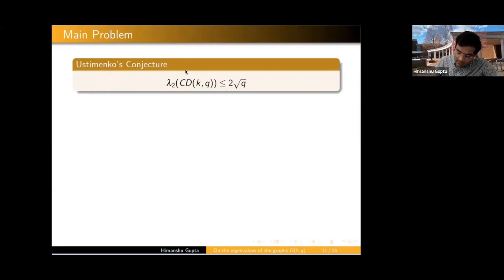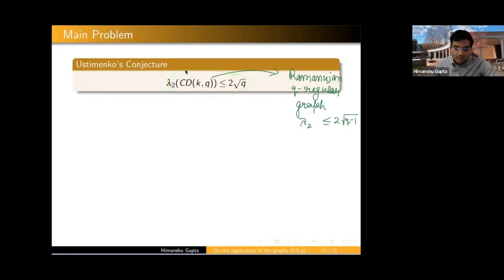Remember, for a Ramanujan q-regular graph, we say that lambda 2 is at most 2 square root of q minus 1. So that basically means that if we are able to prove this conjecture, we have constructions of almost Ramanujan graphs.